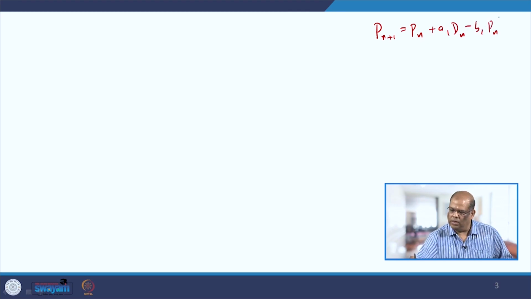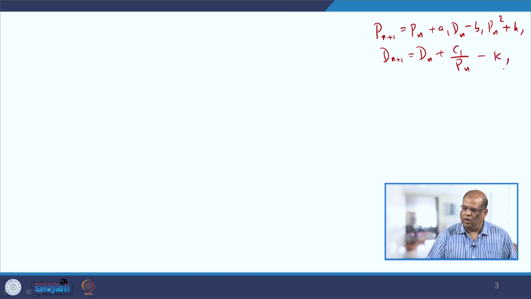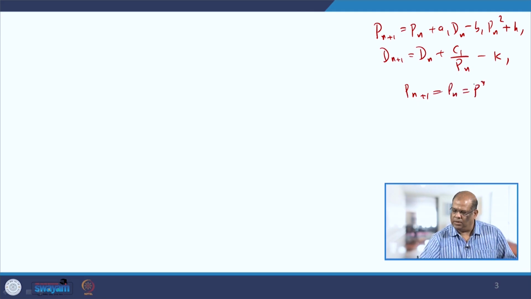So, if I quickly write the equations, this is Pn plus 1 equal to Pn plus A1 Dn minus B1 Pn square plus H1 and Dn plus 1 equal to Dn plus C1 by Pn minus K1. So, I will replace Pn plus 1 and Pn by some P star and Dn plus 1 and Dn by some D star.